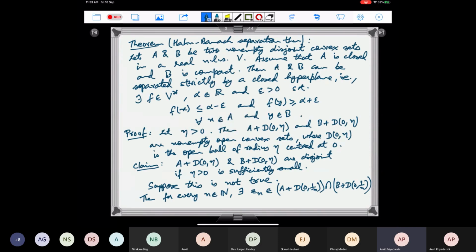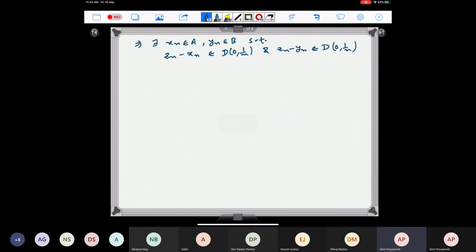Is this clear? Because if Zn belongs to this, then Zn can be written as xn plus some point in D0 1 by n. So Zn minus xn is in D0 1 by n, and similarly Zn minus yn is in D0 1 by n, where xn is a point in A and yn is a point in B.